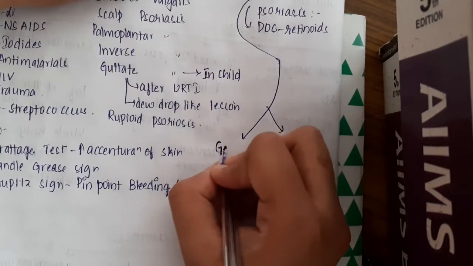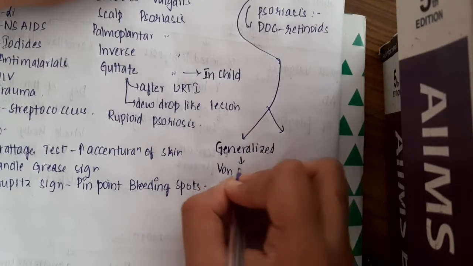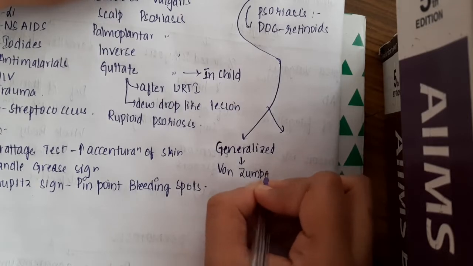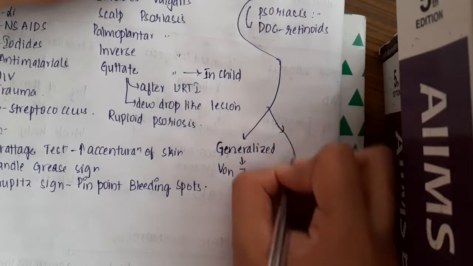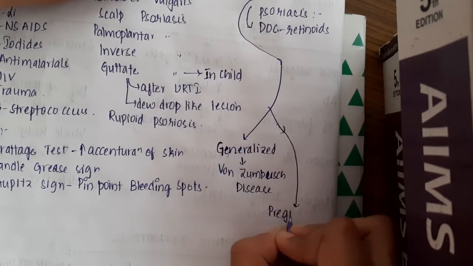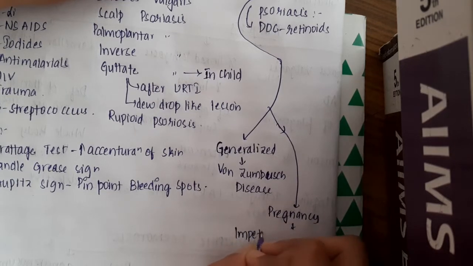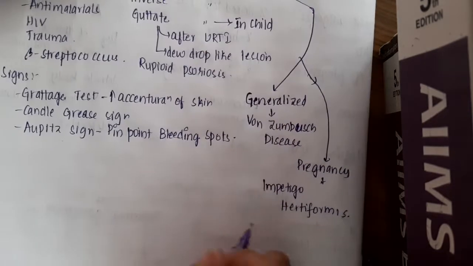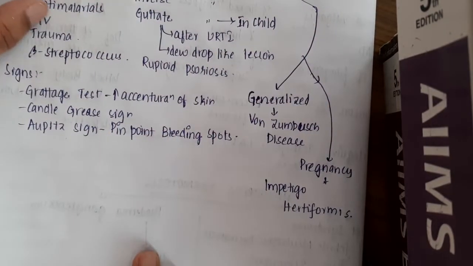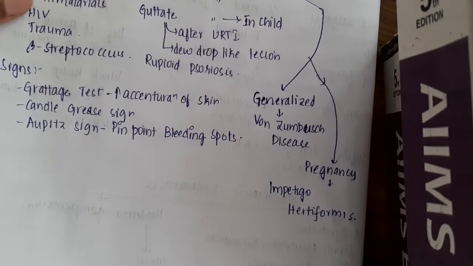One, they can be in generalized condition, we call it as von Zumbusch disease. Then pustular psoriasis in pregnancy, we have impetigo herpetiformis.